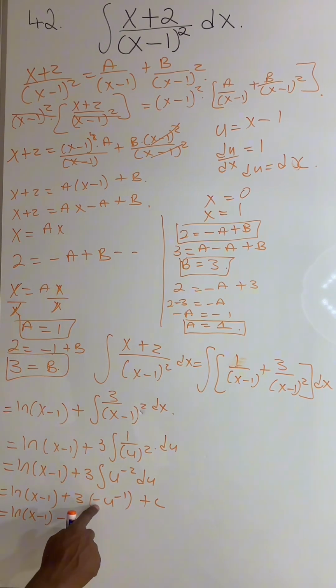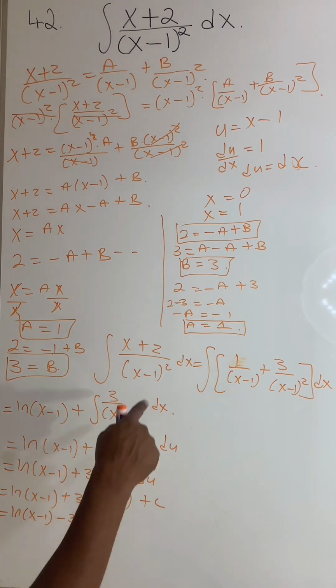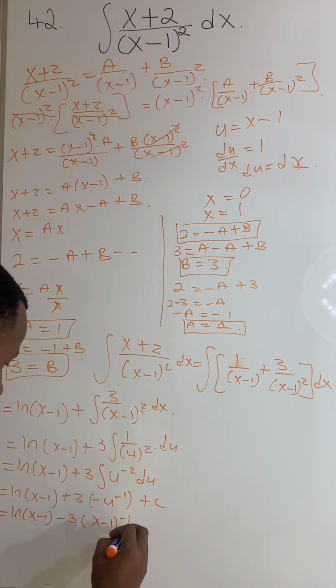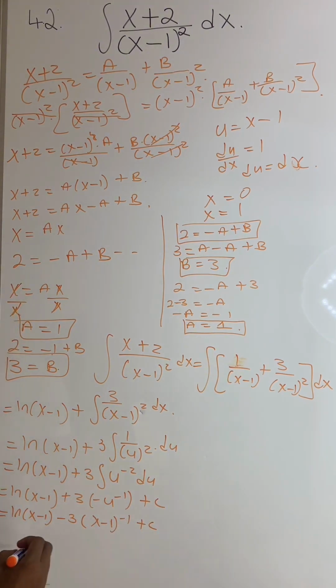In the place of u, this minus multiplied by this positive will be negative. In the place of u, we can substitute x minus 1 plus c. Let's get rid of that negative exponent.